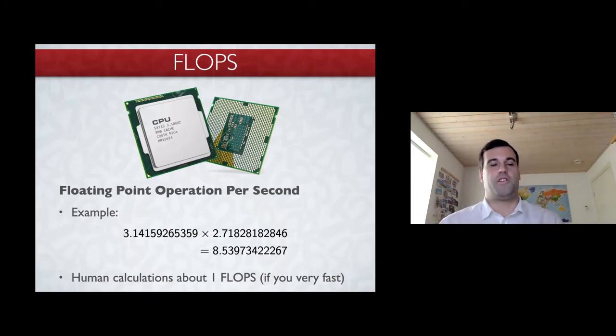So if you think about yourself, a human is capable of about one floating point operation per second. That is if you're very fast. So to solve this multiplication, you have 1 second. Then you as a human would have one flop. You can do one floating point operation per second.